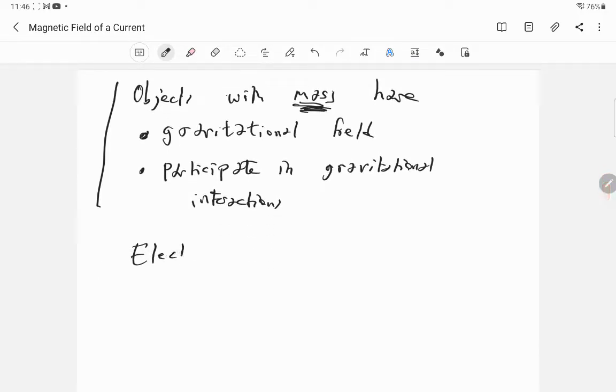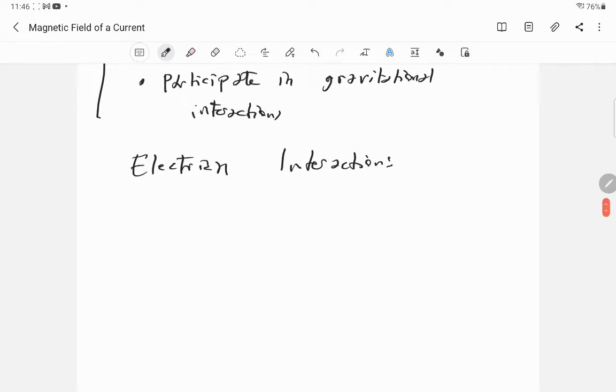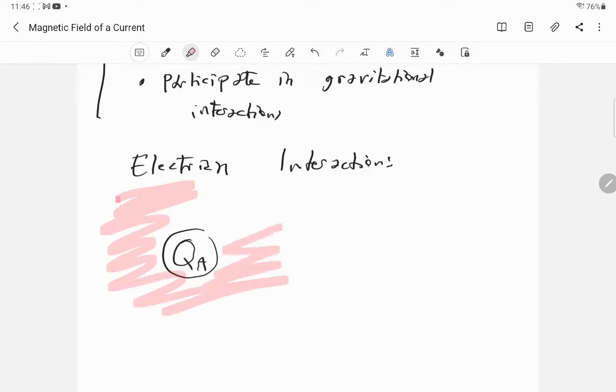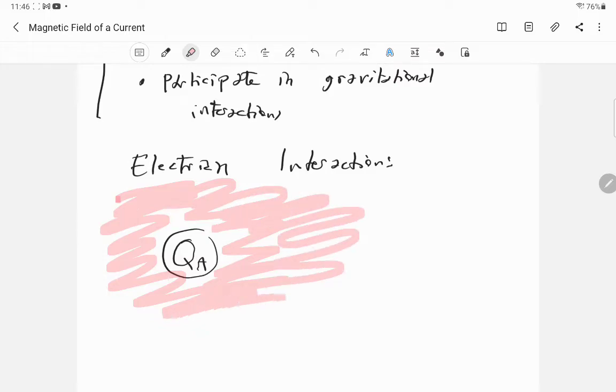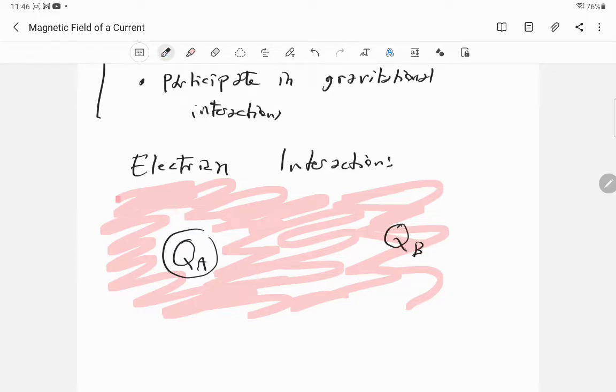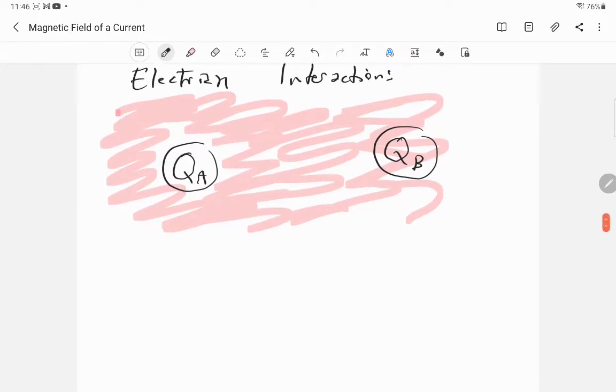Electrical interactions are really similar. Let me do this quickly. Let's say we have a charge called QA. It's either a positive or a negative charge, and surrounding QA is its electric field. This is the electric field of QA. It extends out in space and is weaker further away, just like gravity. If there is another charge, QB, it sits in QA's field.